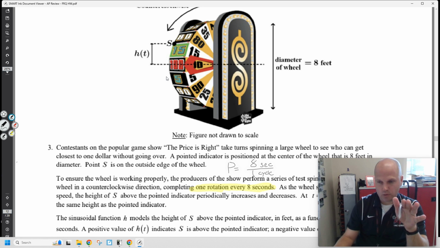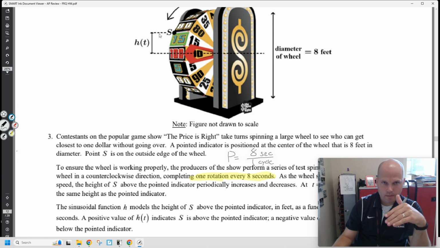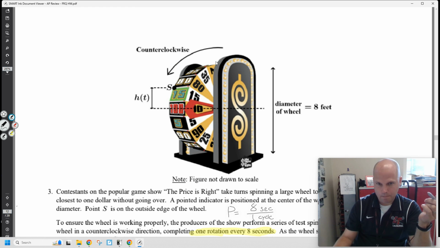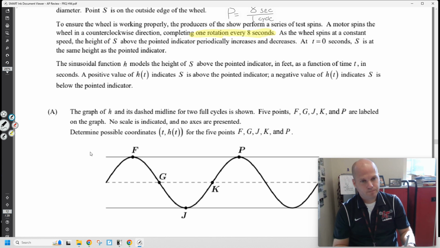This is where we're going to deal with some negative values, and that's great. It's tough to create because it's above. So S is going to be 4 as a max. S is going to be -4 as its height above this pointed indicator. So that's good.